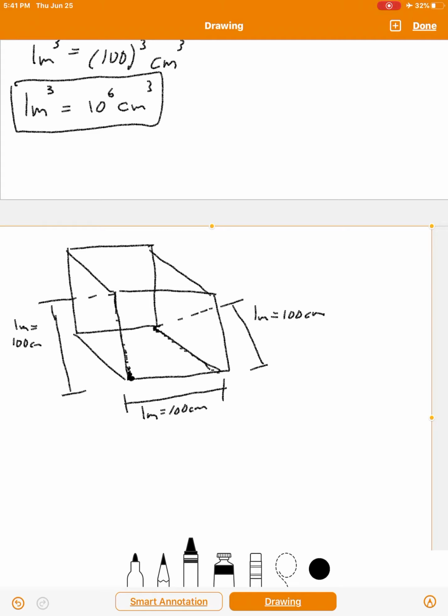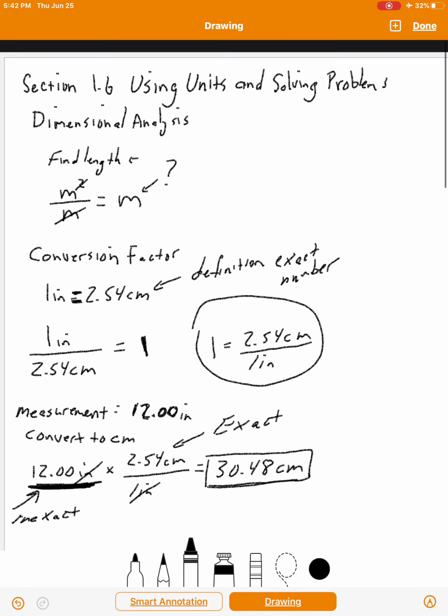So if you ask yourself, how many of those little centimeters are there in a meter? Well, it's 100. So how many centimeters cubed are there in a meter cubed? It's 100 times 100 times 100. So there's 10 to the 6th centimeters cubed per 1 meter cubed. So it's a very large number based on the fact that we're cubing the dimensions in it and we're cubing the numbers as well.